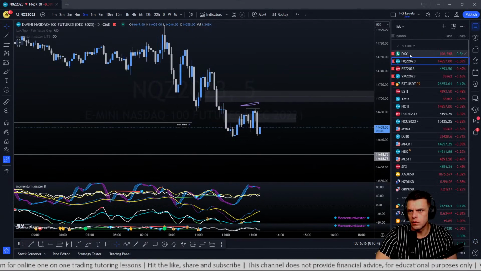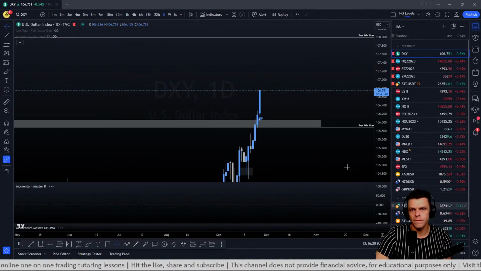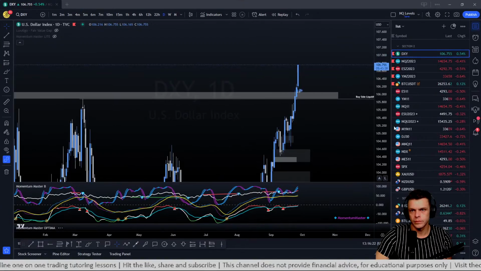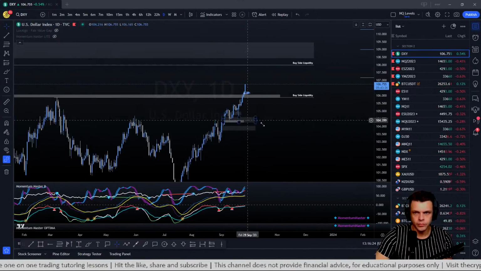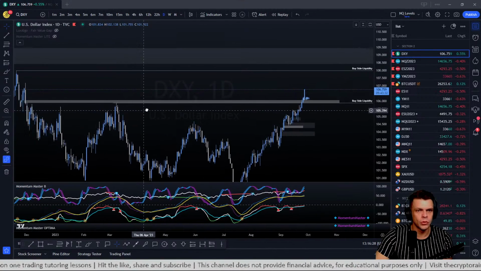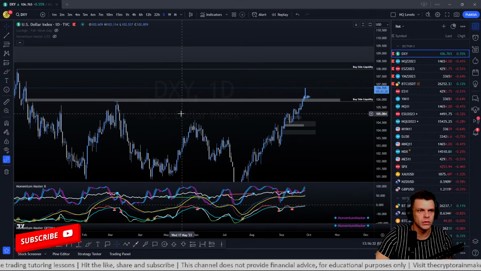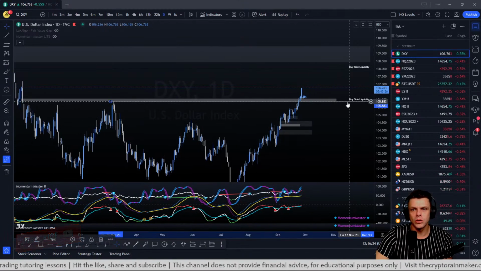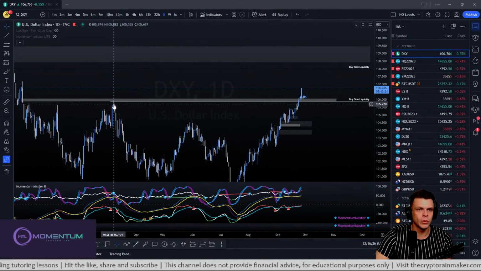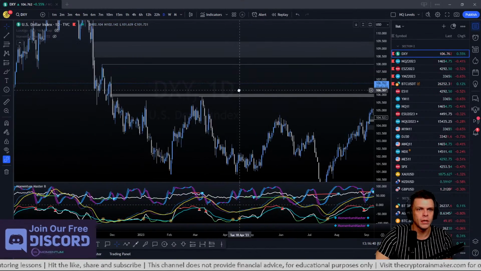Let's have a look at the dollar index. Okay, so from last week, we said that it looks like the drawn liquidity is towards these highs, the buy side liquidity above these highs. So we broke past that, and as you can see, we are displacing above this high and past this volume imbalance.